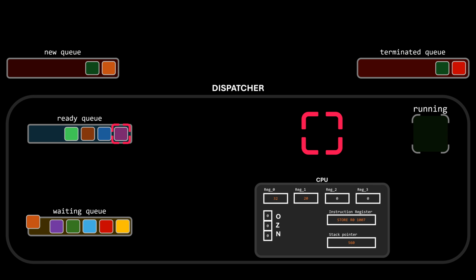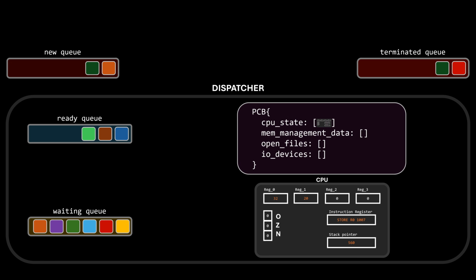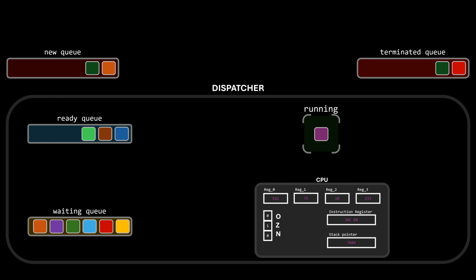The dispatcher then places the PCB into the waiting queue. Next, after handling the interrupted process, the dispatcher retrieves the PCB of the next process from the head of the ready queue, identifies it as the new running process, restores its previous CPU state, including registers and the program counter, and reallocates the CPU, allowing the process to resume execution from where it was interrupted.